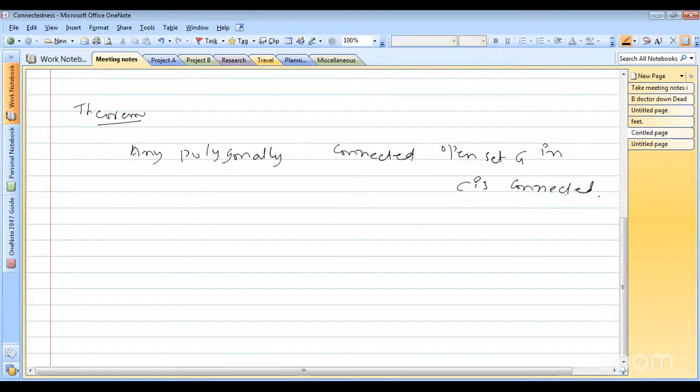Suppose that G is disconnected. What does it mean for G to be disconnected? It is not a connected set. So in the proof, G is disconnected.